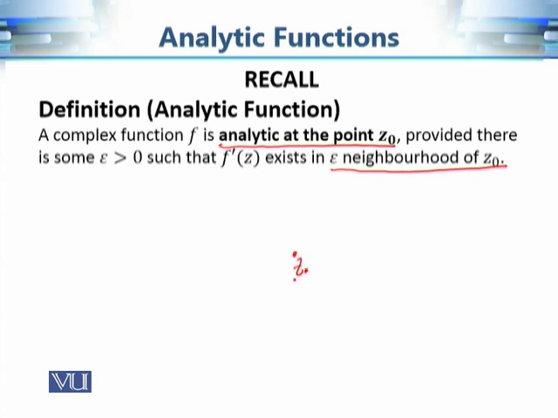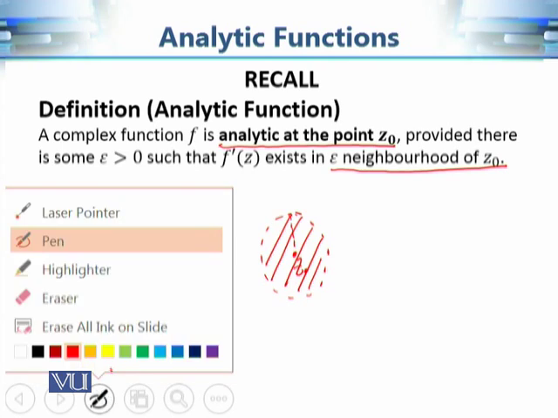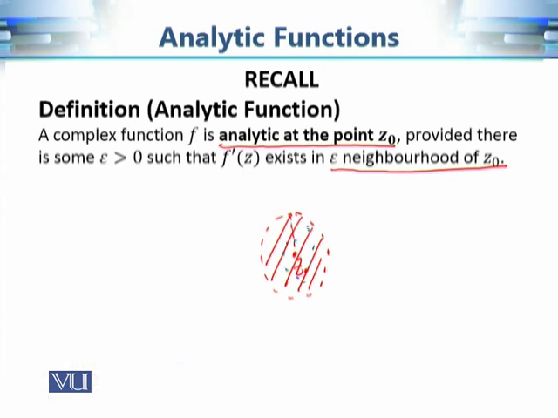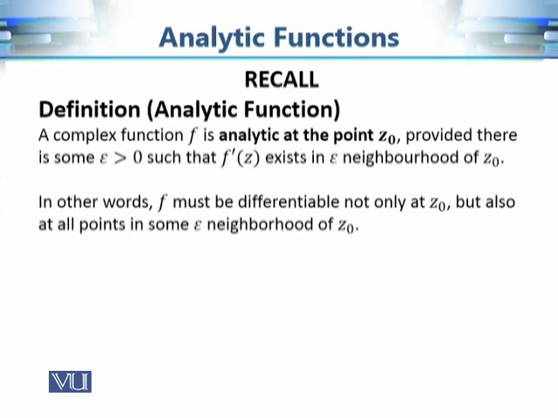So we say that the function is analytic at z0 if there exists some epsilon neighborhood, for some epsilon greater than 0, and the function is differentiable at each and every point inside this neighborhood. Okay, so if we choose any point inside this neighborhood, then it will be differentiable at that point. In other words, f must be differentiable not only at z0 but also at all points in some epsilon neighborhood of z0.